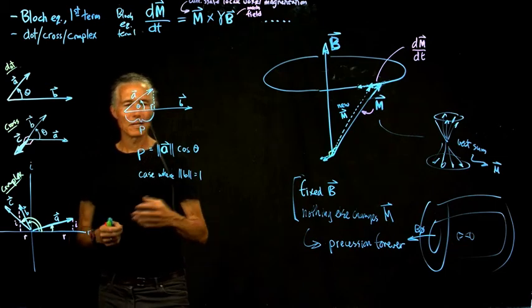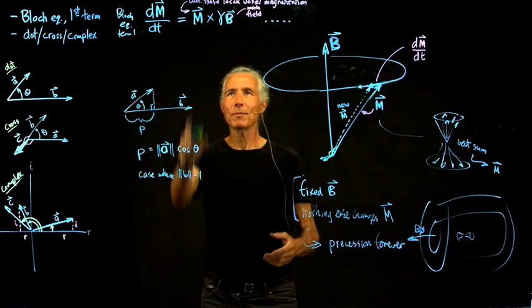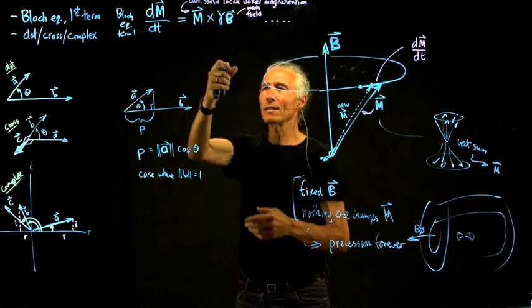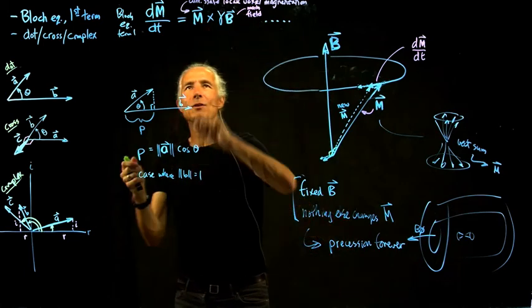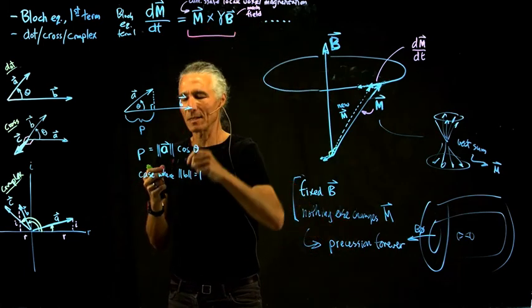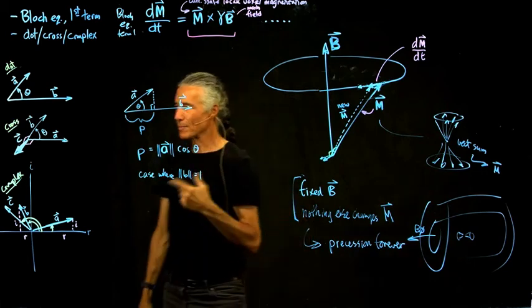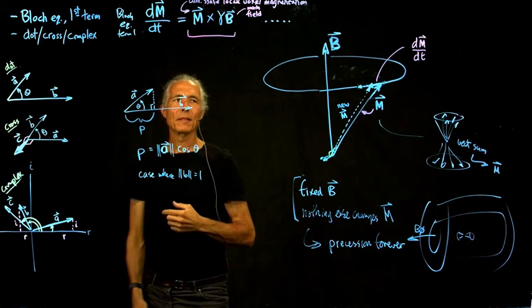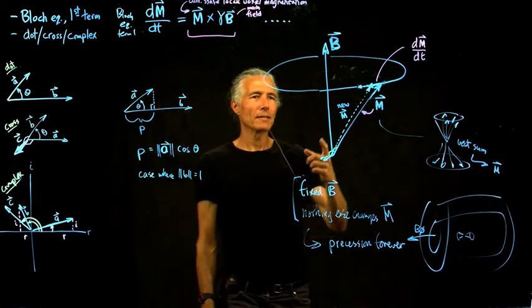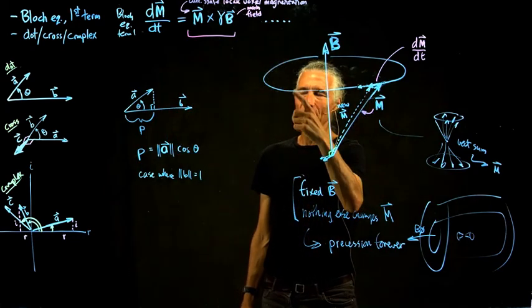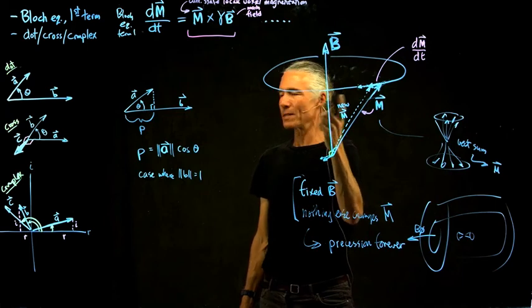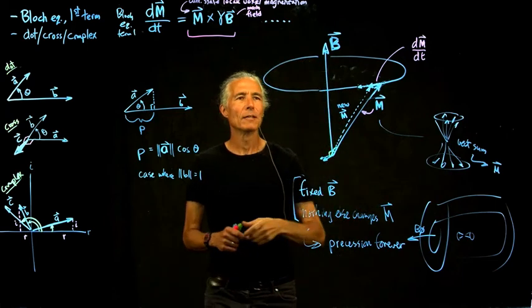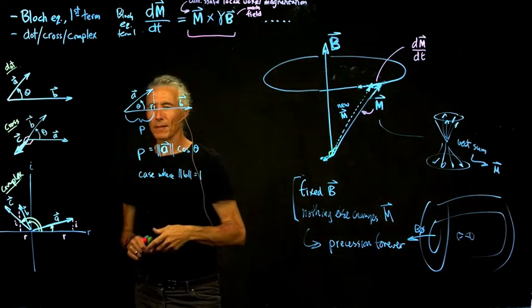And then we used the cross product to try to understand the first term of the Bloch equation, which is the term that describes this angular momentum. And so that first term explains the precession movement, which is very similar to the movement of a top.